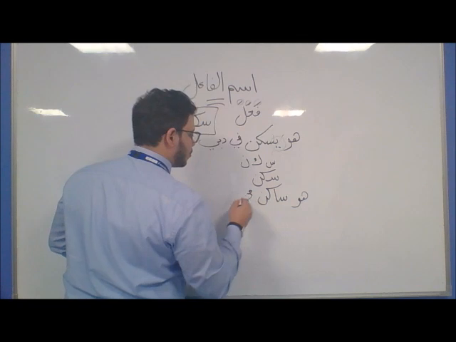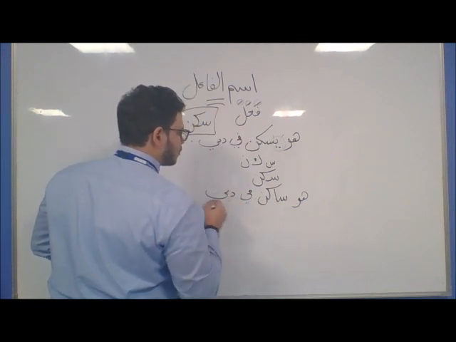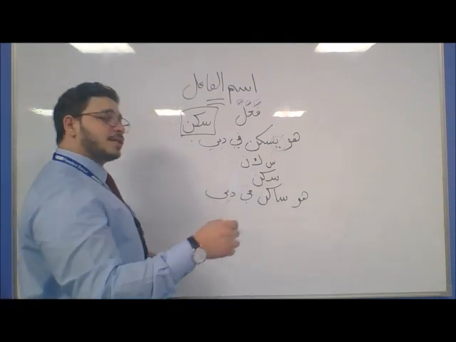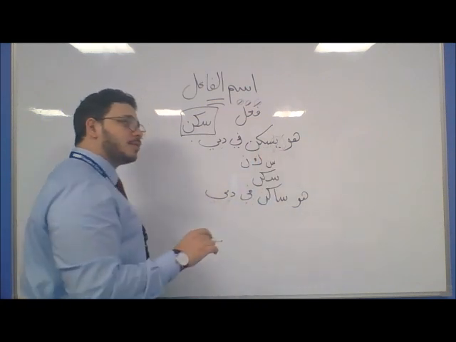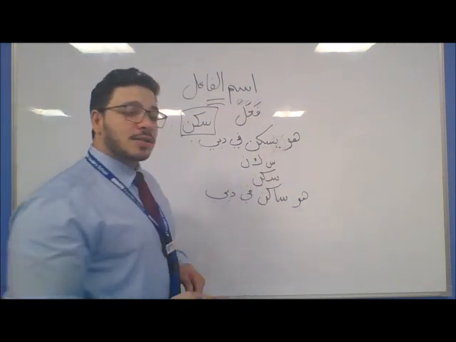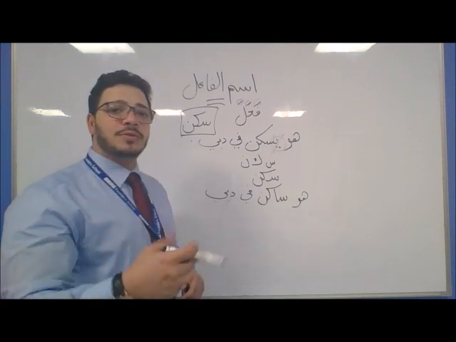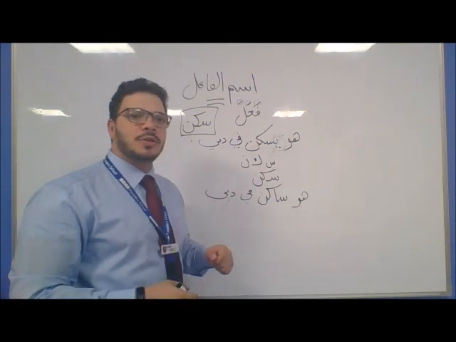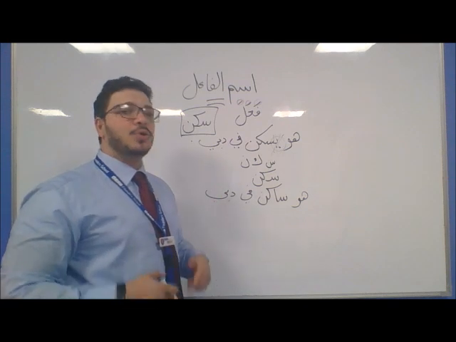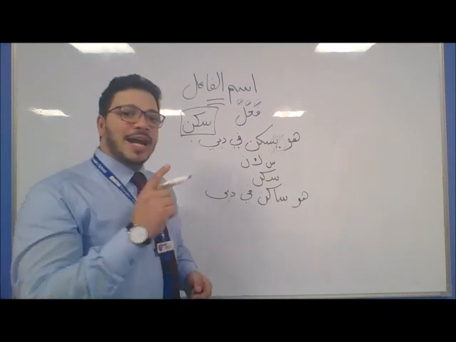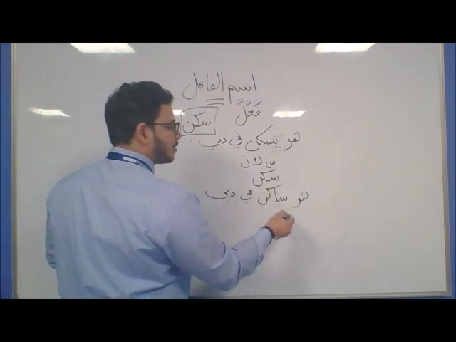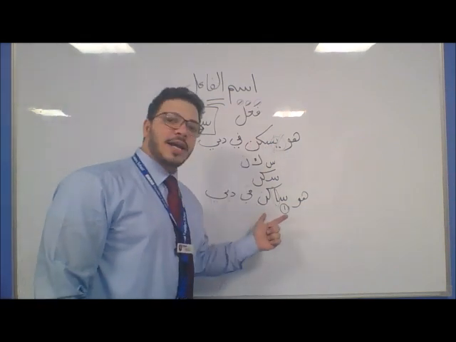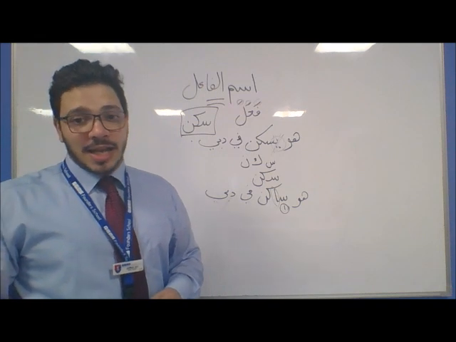So instead of saying هو يسكن في دبي, we can say هو ساكن في دبي. How did that happen? What exactly we should do is, as I said before, we remove the sign of the conjugated verb, which is the ya, sometimes the alif, sometimes the noon, sometimes the ta, like هو يسكن, هي تسكن, أنا أسكن, the alif, نحن نسكن, the noon, and we add alif after the first letter. سكن becomes ساكن.